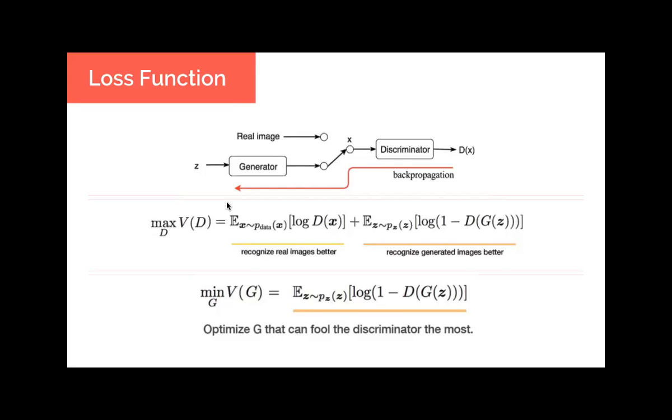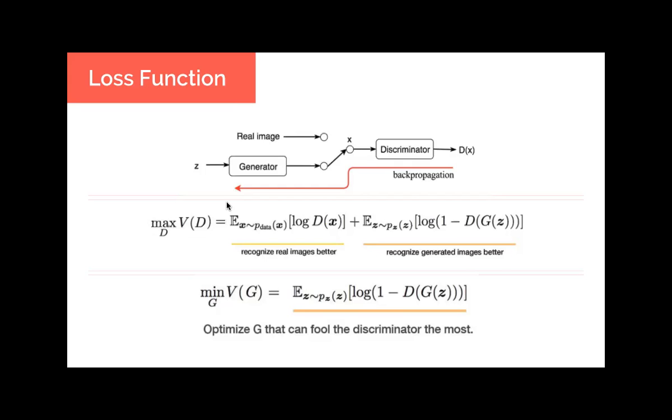And this one, the graph function of it is like this. This one is D of G of z. So when do we have the maximum value of this? When D of G of z is 0.